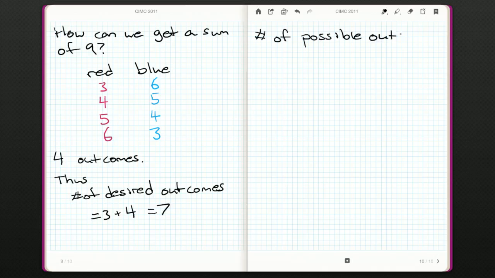How about the number of possible outcomes? That's the other number we need. Well, the number of possible outcomes is just what possible combinations can the dice show. So at this point, the value of the blue dice, it doesn't matter what the red dice is showing. We're not trying to get a particular sum or anything like that.